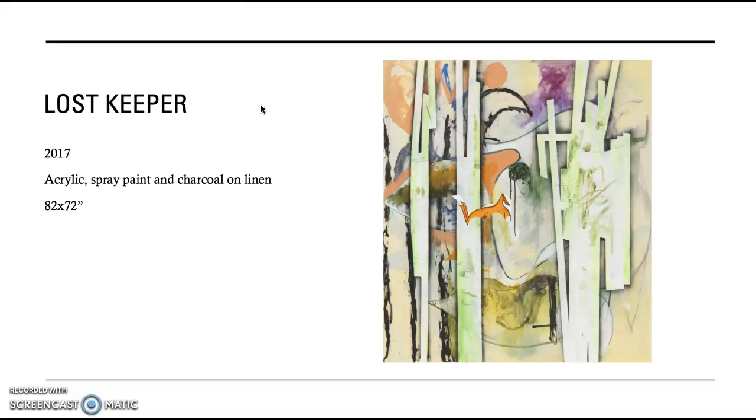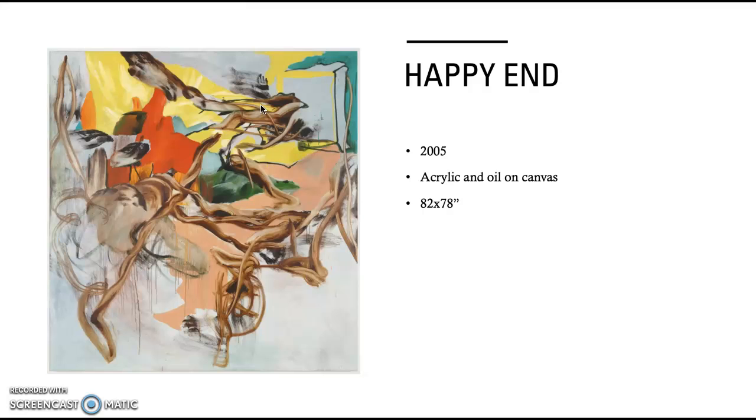They don't really look like nature scenes, but I see a lot of natural colors, and there's a crescent moon shape, and then it looks like pieces of different animals were incorporated into this piece. And this is the one that had the spray paint and the charcoal. And then this painting was also acrylic and oil on canvas.